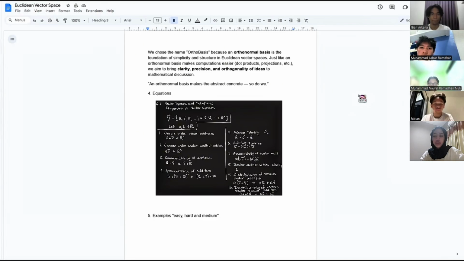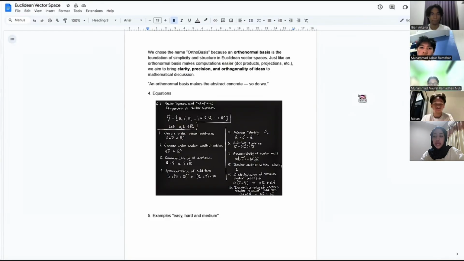Then associativity of addition: u plus v plus w equals u plus v plus w, grouped either way. The next one is additive identity. There exists a zero vector, so u plus 0 equals u. Then additive inverse: for every vector u, there is minus u, and the formula is u plus minus u equals 0.